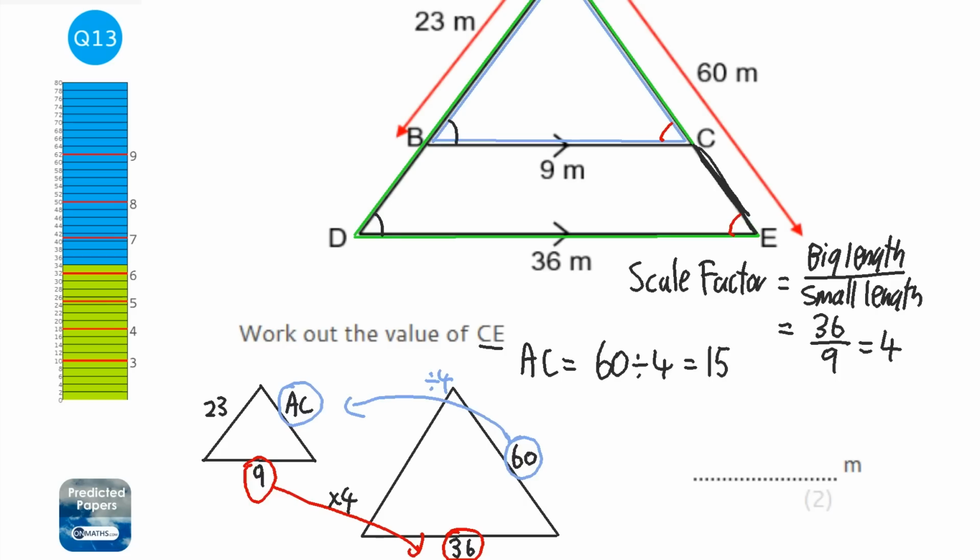So we know that it's going to be 15 here for this bit, okay? But the total is 60, and we're looking for what's left over. So we're going to do CE equals the total 60, take away the bit we don't want, and that's going to be 45. So the answer is 45.